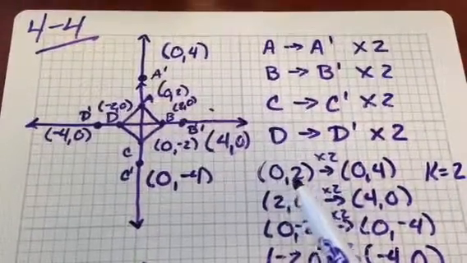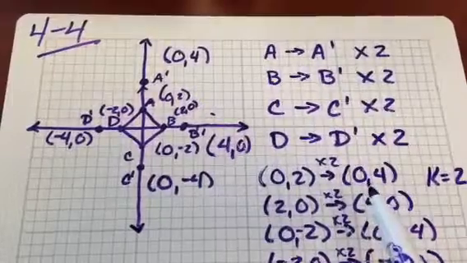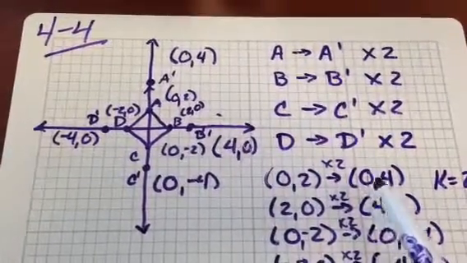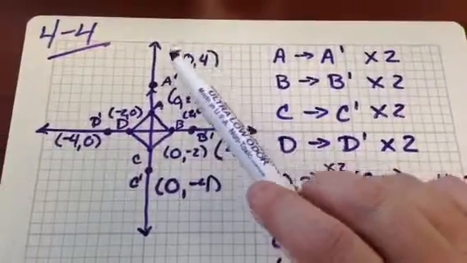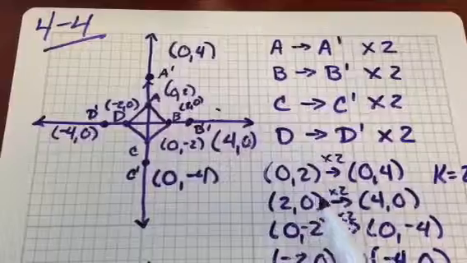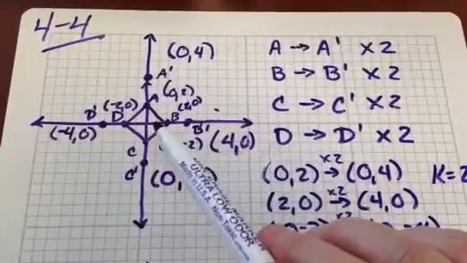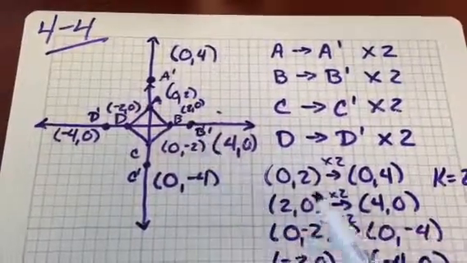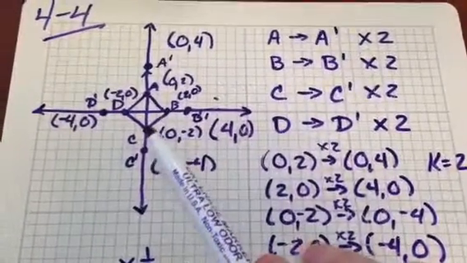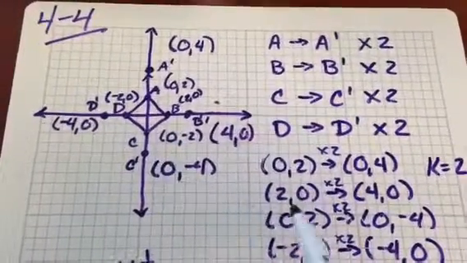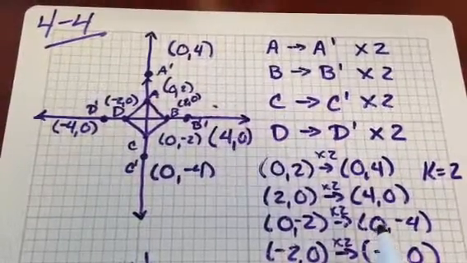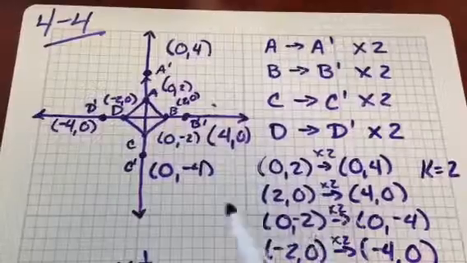A was 0, 2, and then I moved it twice as far away, and now A prime is 0, 4. See, I wrote 0, 4 up here. B was 2, 0, and when I moved it from B to B prime, then it became 4, 0. Same thing for C. I started C at 0, -2, moved it twice as far out, and then ended up at 0, -4.